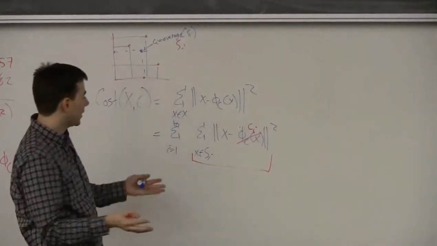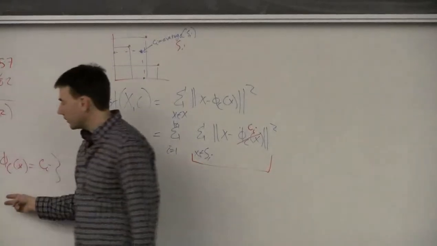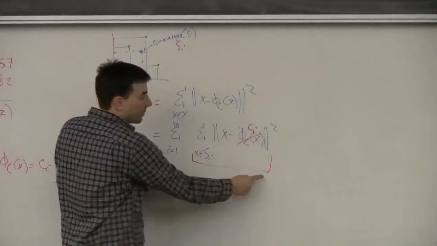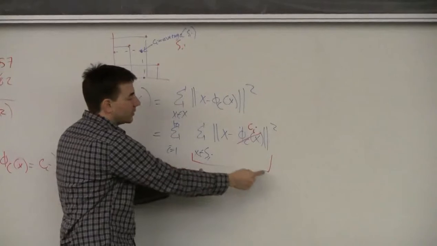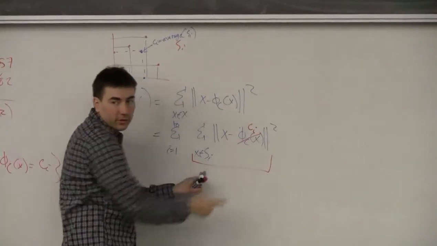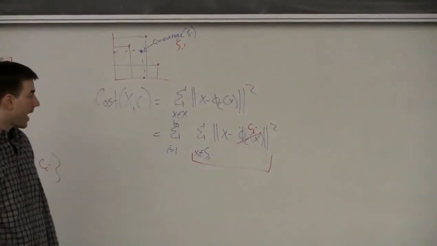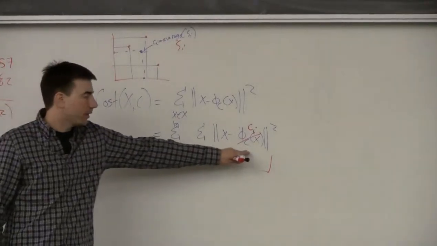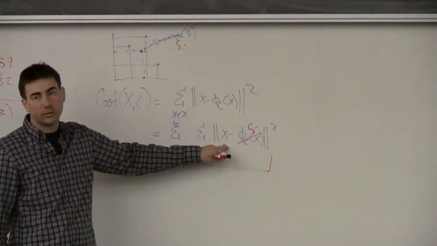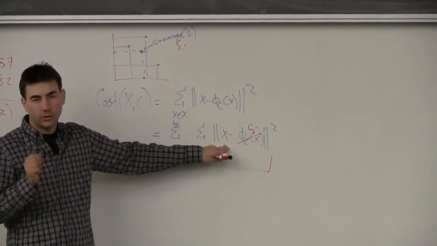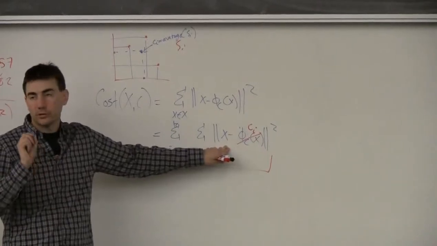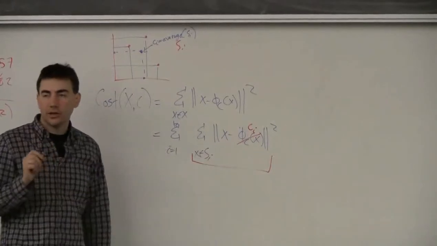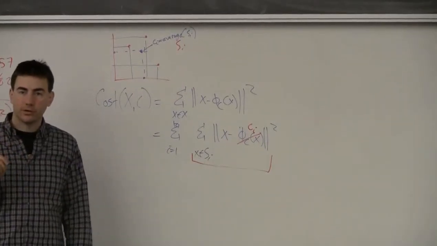My claim is that by taking this average, each of these terms is going to be decreasing. In fact, the average is the point which minimizes the sum of the squared distances: if I map all the points to a single point, the average is the point that minimizes the sum of the squared distances.